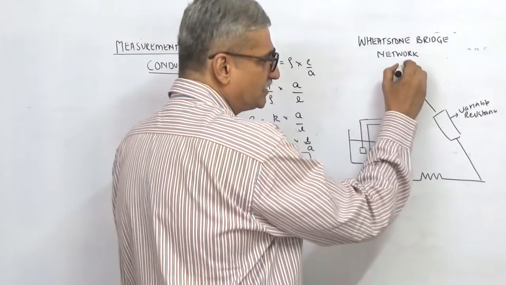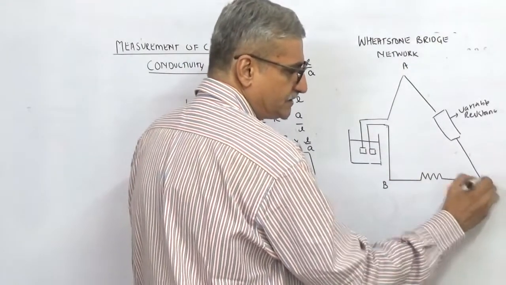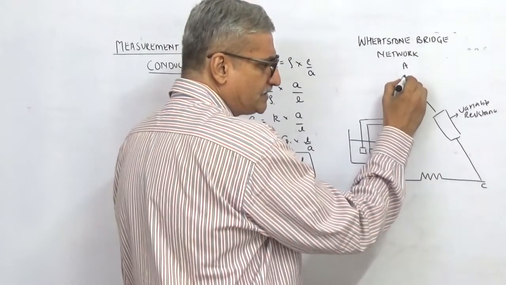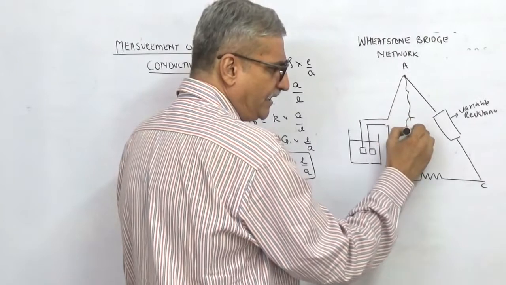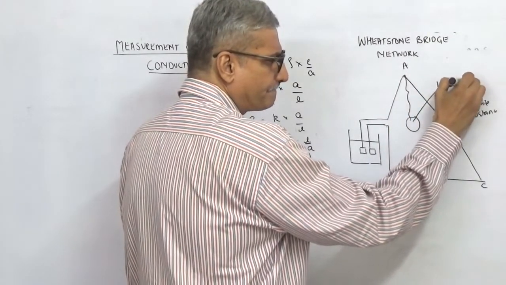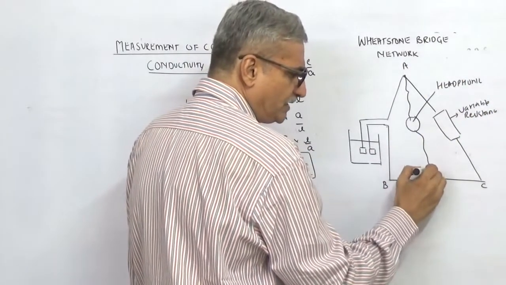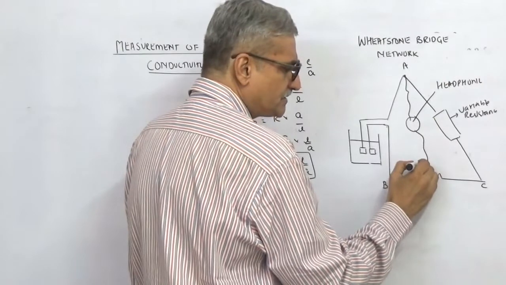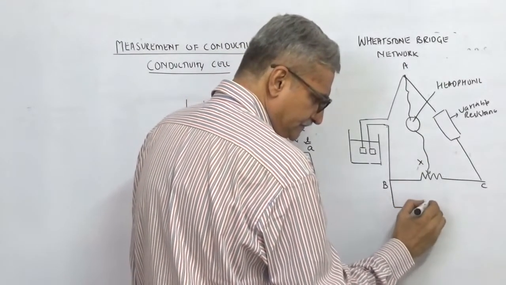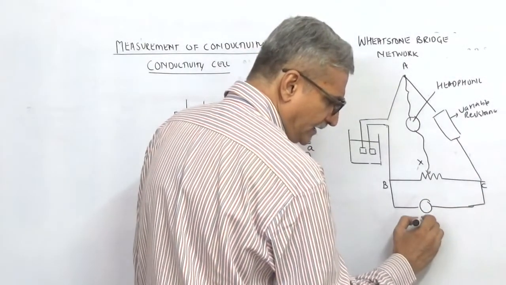Then this is A, B, C. From here we have a headphone, and this headphone is connected to a jockey. So this is X, and B and C are connected by AC current.